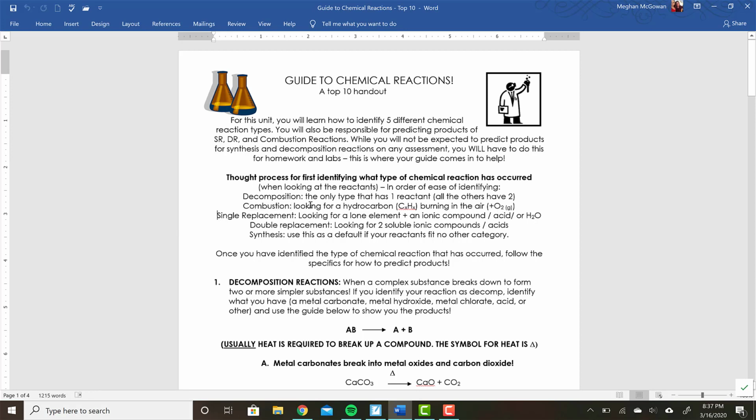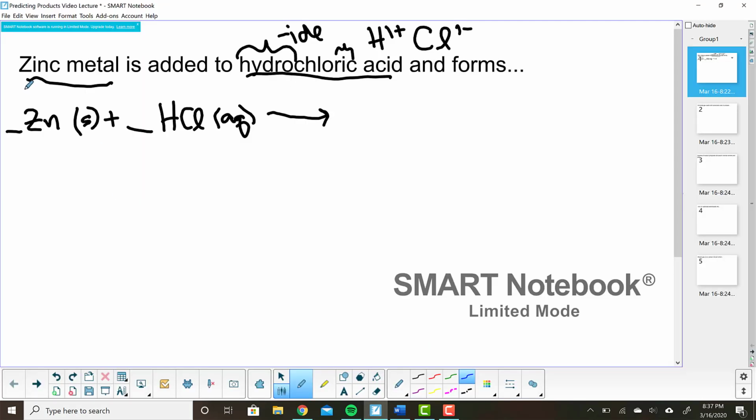Single replacement, we're looking for a lone element plus an ionic compound or acid. If we flip back to our problem here, we see that we do have that lone element, zinc, and we have an acid. So this is single replacement.